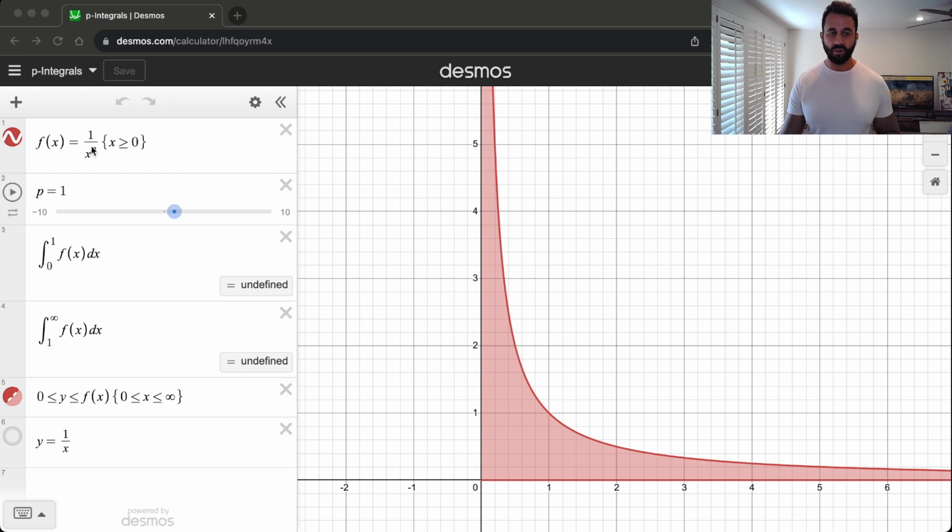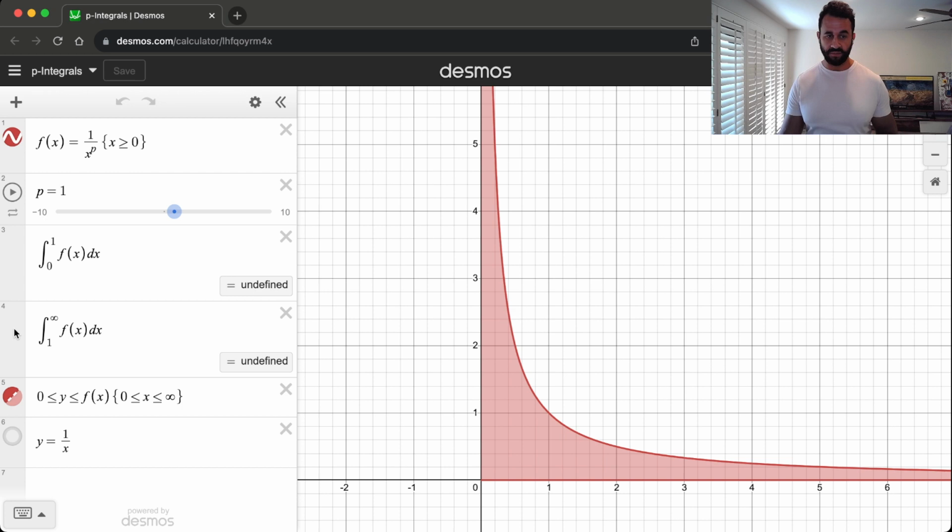So the function is 1 over x to the p. That's essentially what this curve is that you see right now. And I'm actually having Desmos compute the value of the integrals for me. So right now, p is equal to 1. And remember, both of these integrals diverged when p was equal to 1.